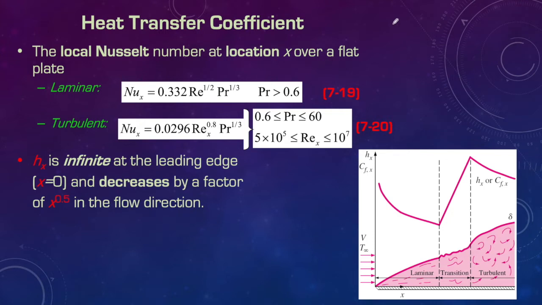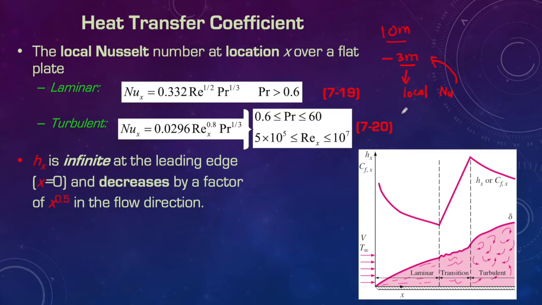For example, let's say I have a 10 meter length of flat plate, but the problem states specifically at 3 meter length of the flat plate. For example, find the rate of heat transfer at 3 meter. So that means you have to find the local Nusselt number at 3 meter, specifically.